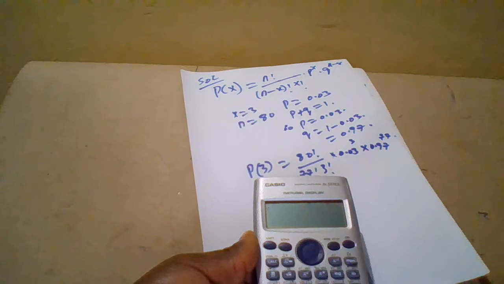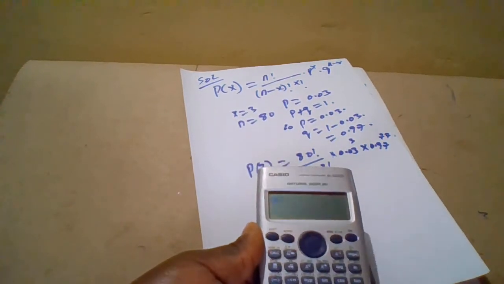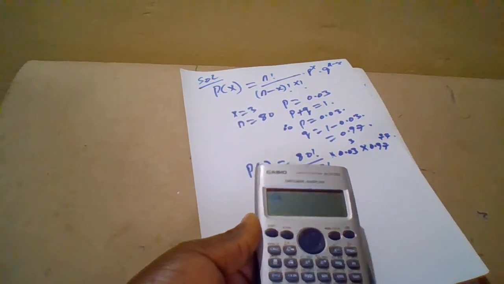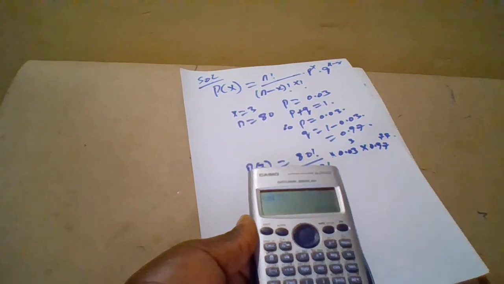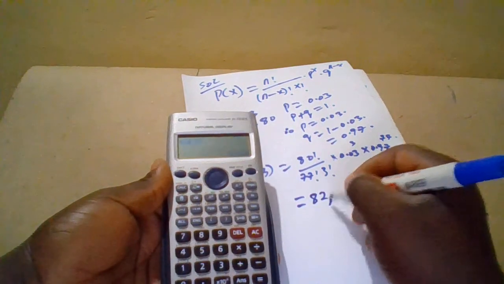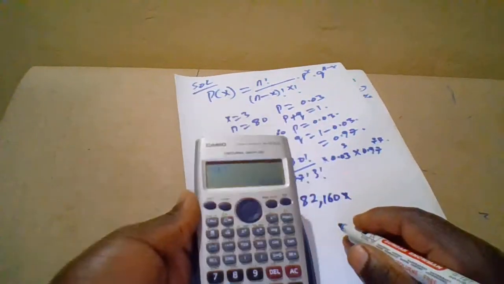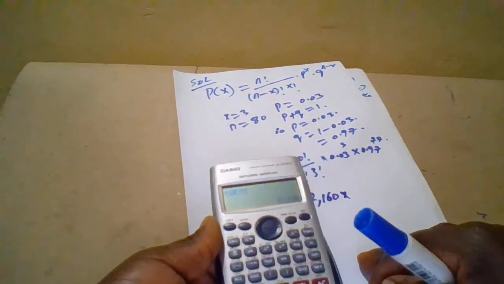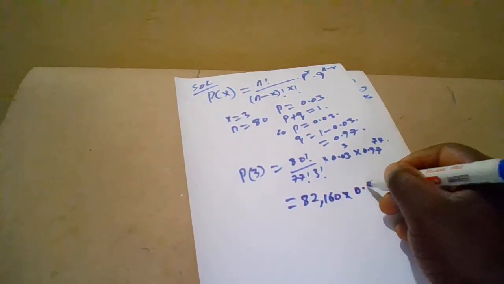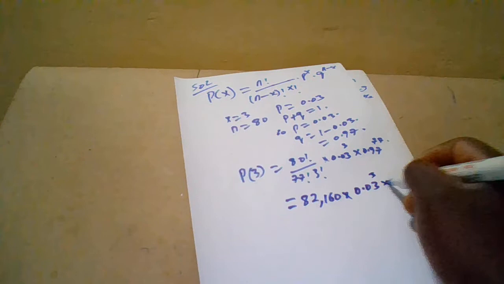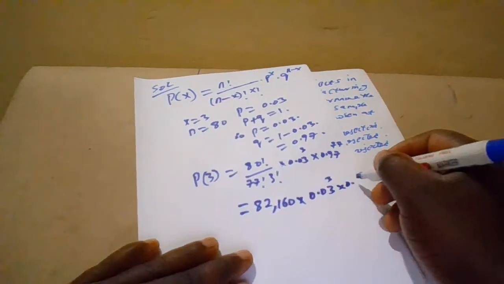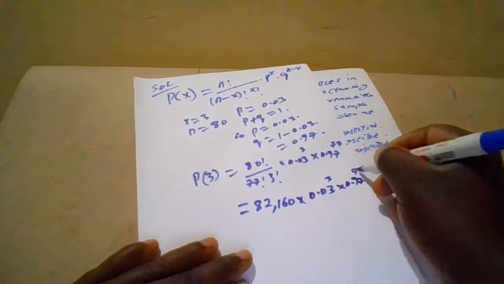So we come to our calculator. We have 80, then we shift combination, 80 combination 77. So this equals 82,160 times 0.03 cubed times 0.97 raised to 77.